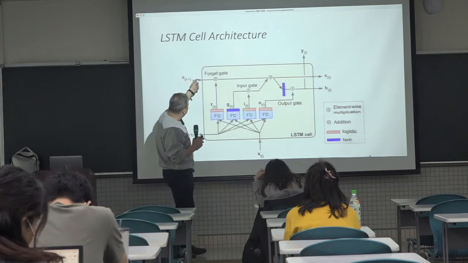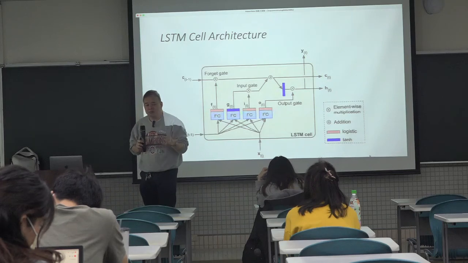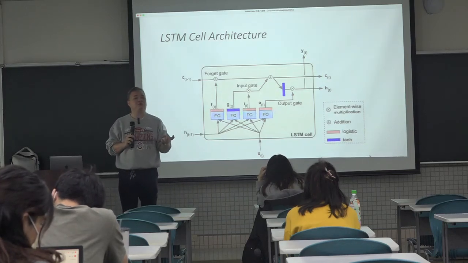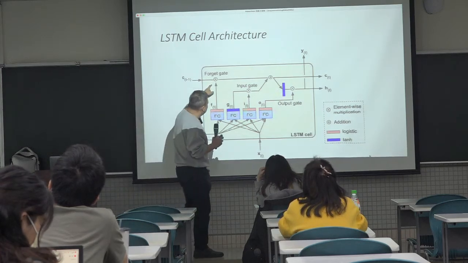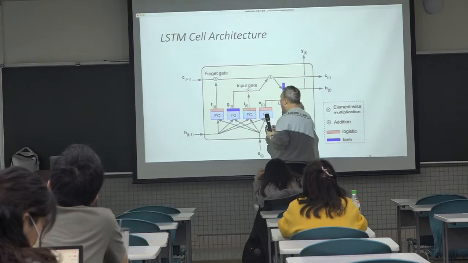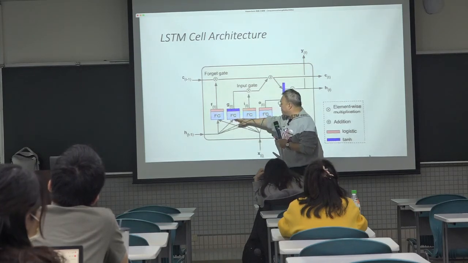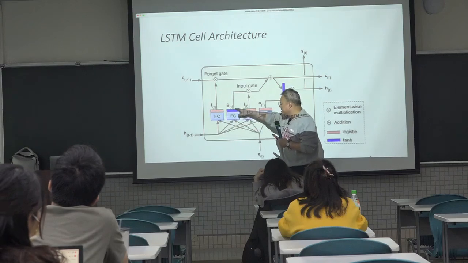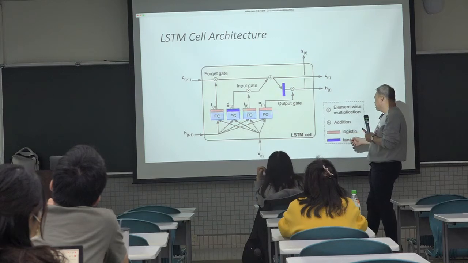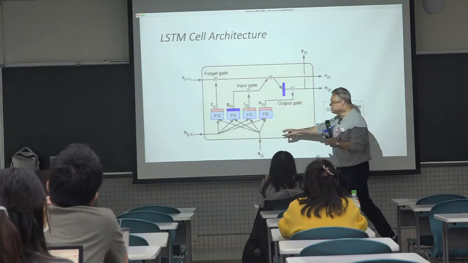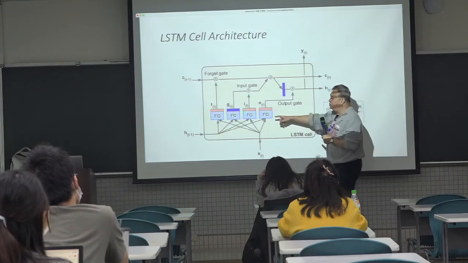So first, it goes through this forget gate to forget some information that is no longer so important. And then, first we use this block. This is the only block you can see which is a fully connected network that uses the hyperbolic tangent as the output.